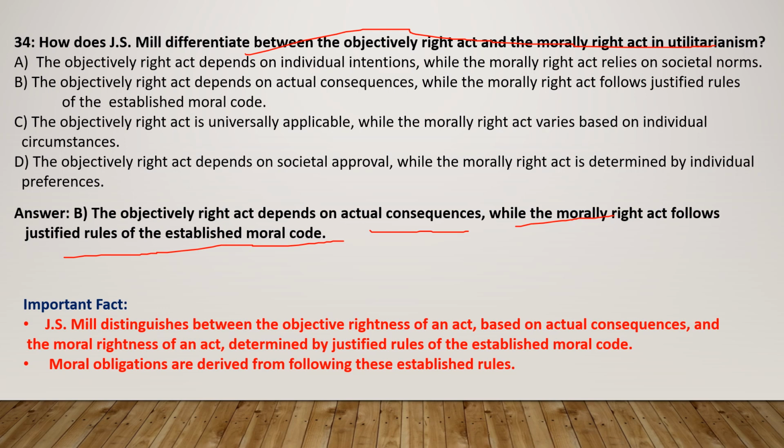J.S. Mill distinguishes between the objective rightness of an act based on actual consequences and the moral rightness of an act determined by justified rules of established moral code. Moral obligations are derived from following these established rules.